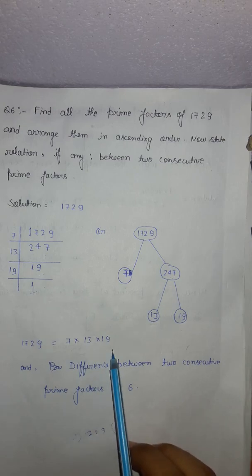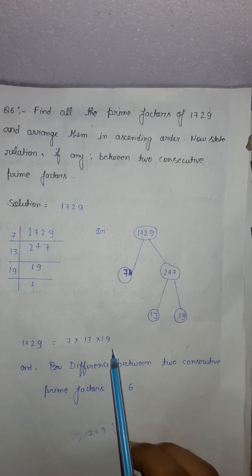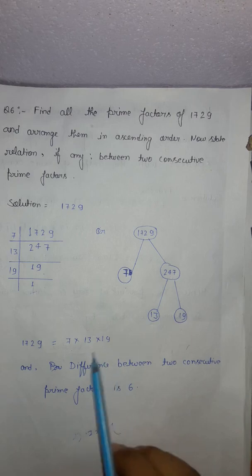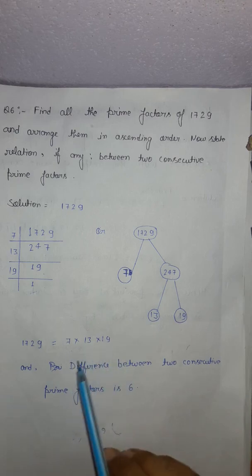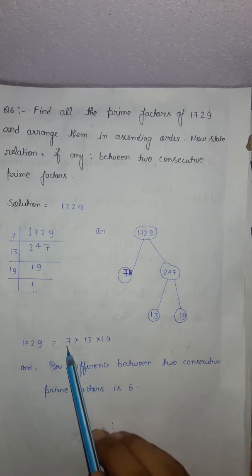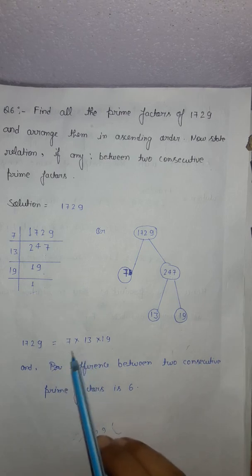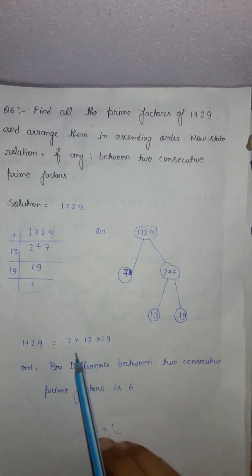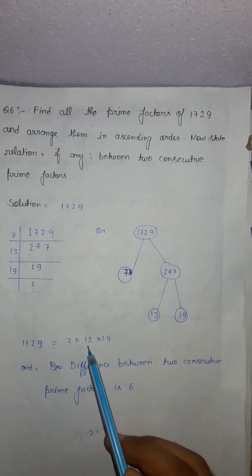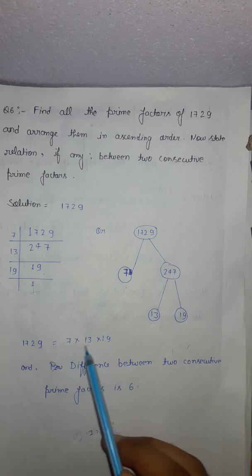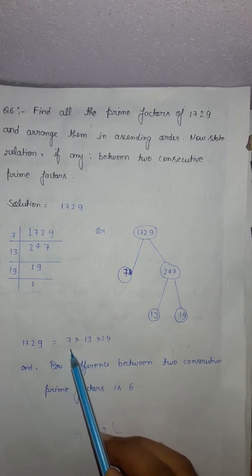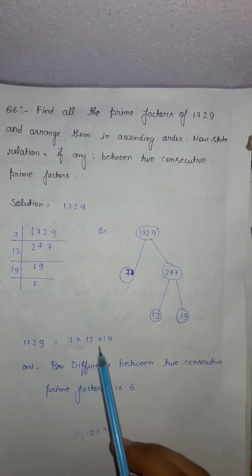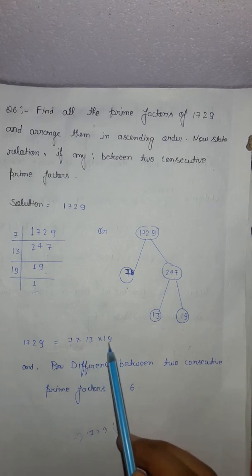We had to arrange them in ascending order. So you can see that we have arranged them: 7 into 13 into 19. Now if you subtract 7 from 13, 13 minus 7 is 6, and if you subtract 13 from 19, again you get 6.